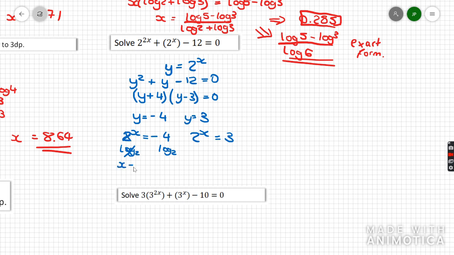So I'm going to end up with x equaling log base 2, I'm back to using my bases again, in this case, of minus 4. But we can't log a negative, so that one's got no solutions. Same with the other side. We will log base 2 of 3. When we do log base 2 of 3, we should get 1.58.